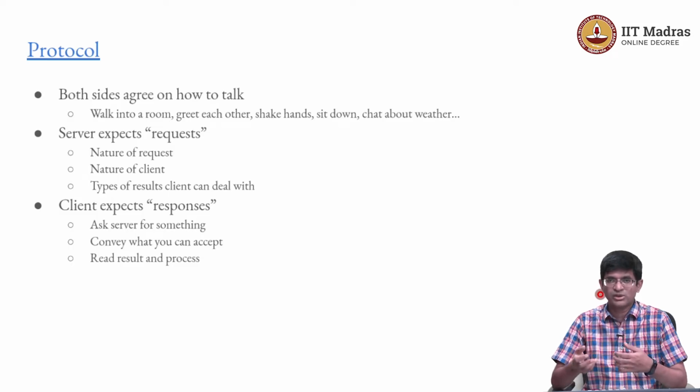If I go there and just start typing text, the other side is most likely not going to understand what I am talking about, which is why we need a protocol which specifies the nature of my request, what kind of responses I am expecting to see as a client, and what kind of responses I can actually deal with. So the server now has more information about me and can respond accordingly. The client is asking the server for something, and the server is responding based on what the client accepted. How these two communicate with each other is what constitutes the protocol.